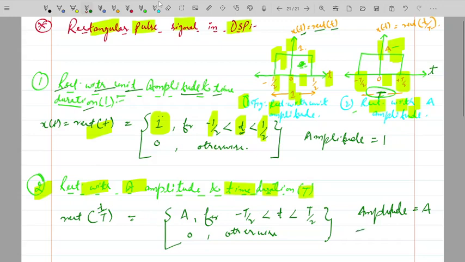So this is for the second condition of the rectangular pulse of amplitude a.